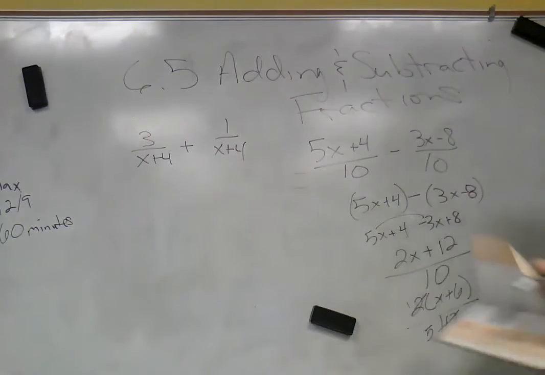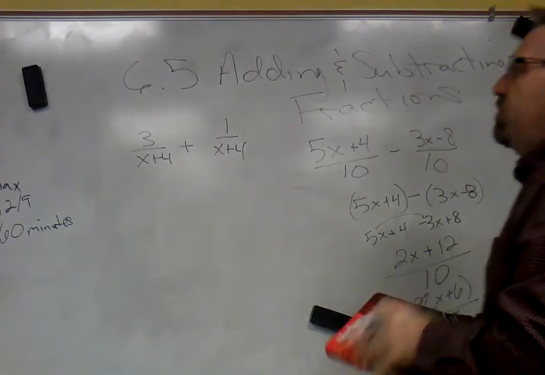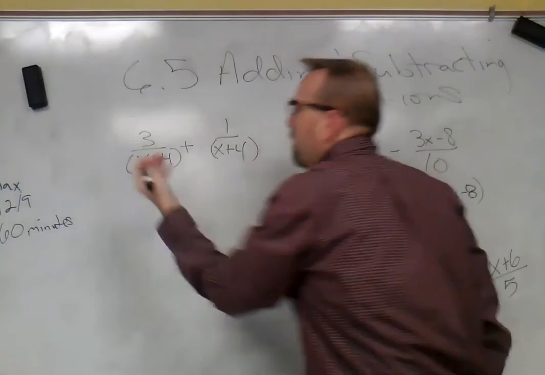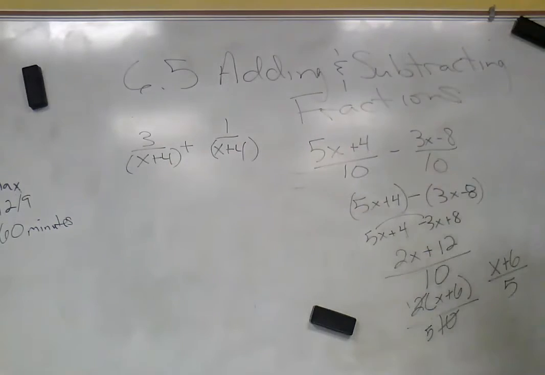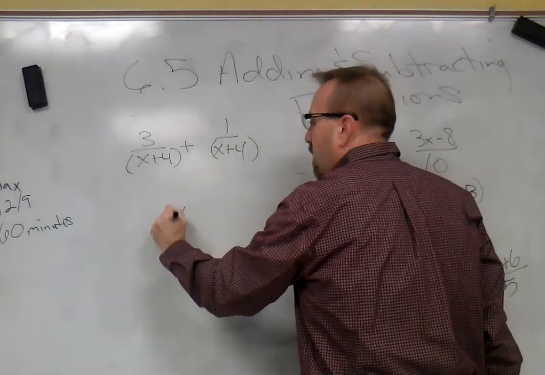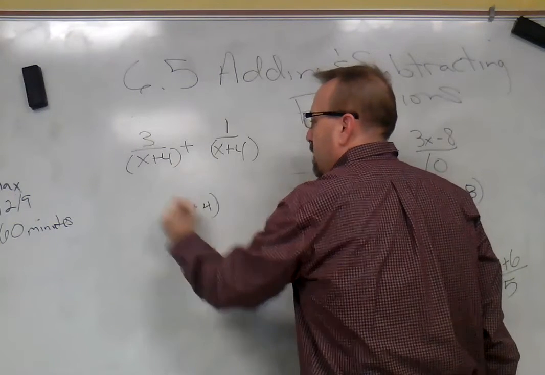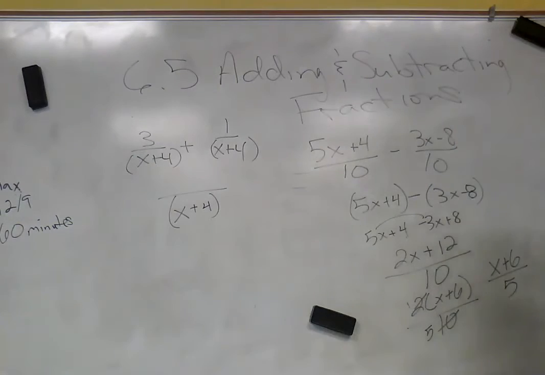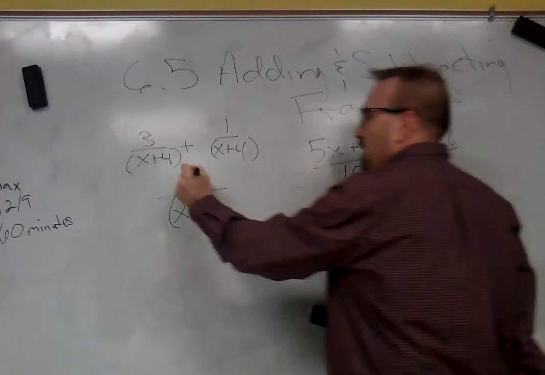All right, basic y. Again, go back. If we have a binomial, let's put it in parentheses. Putting it in parentheses tells us that's one factor. So on both these, we have that same factor. So our common denominator is going to be x plus 4. Now on the top, what will we be left with? What is 3 plus 1? It's 4.